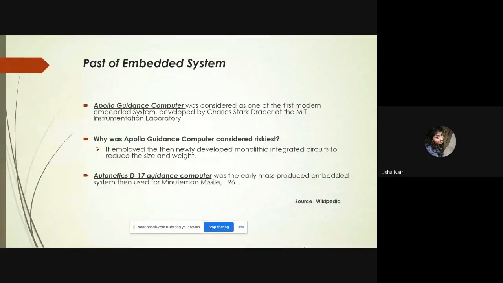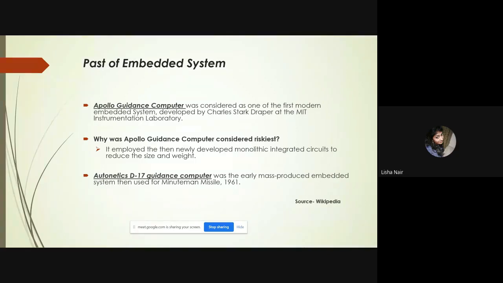But this one, Autonetics, was a much more critical system because it was used in military support for military missiles. So it was to support the military missile guidance.